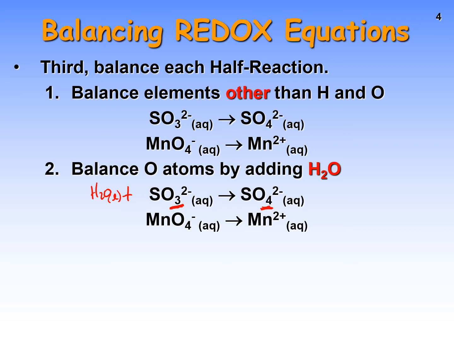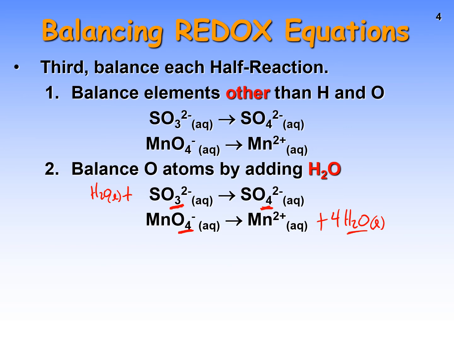The same thing is true of my permanganate reaction. I need to add 4 H2Os to the left, because those 4 H2Os now have 4 oxygens on the right side. I have 4 oxygens on the left, 4 oxygens on the right. This is now balanced for oxygen.